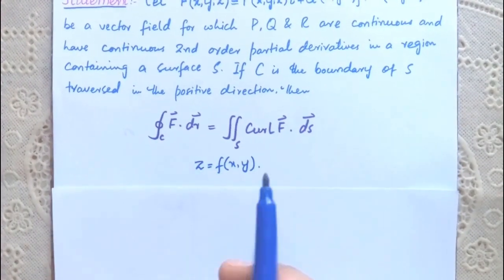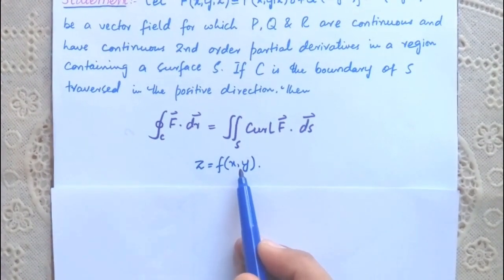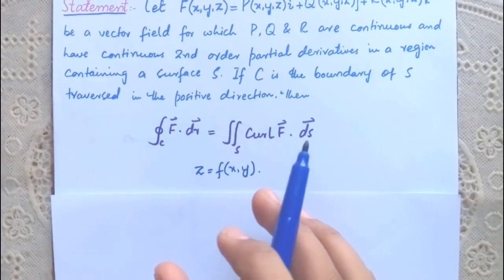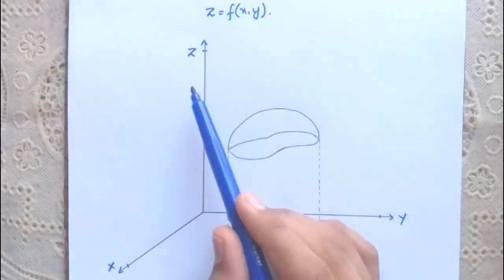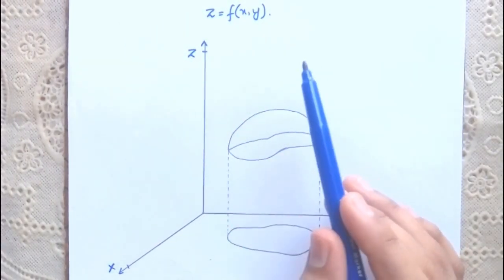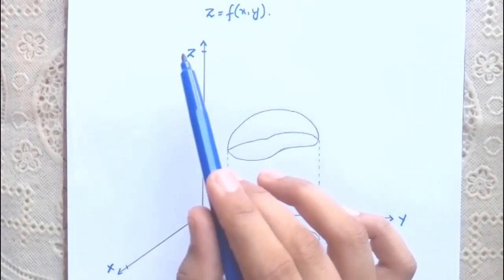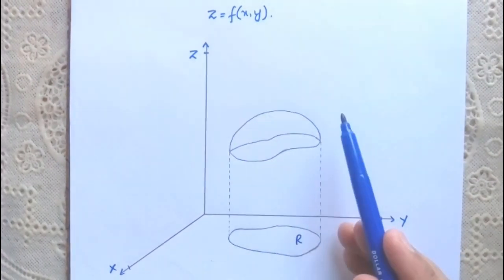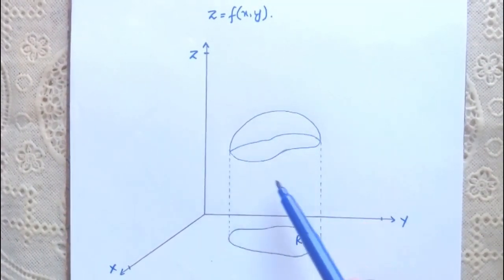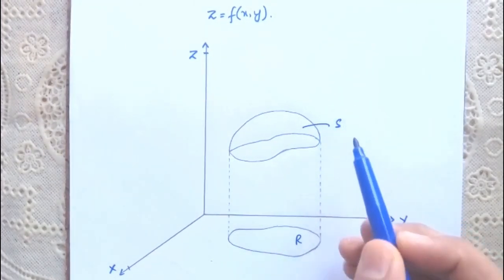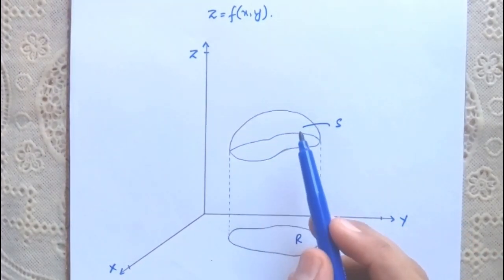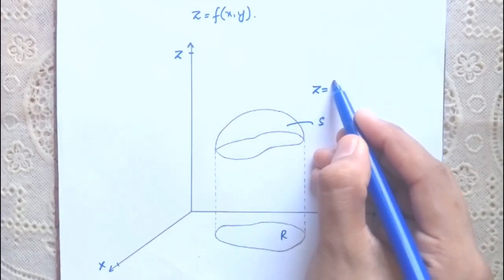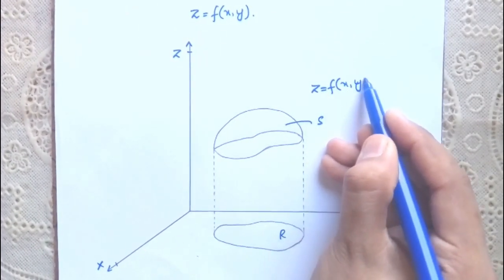Let's suppose z is equal to f of x, y is a function of two variables and its graph is a surface over a region R. Means, this is a 3-dimensional coordinate system, x axis, y axis and z axis, and here is the region R. And we have constructed a surface S over this region R. And this surface is a graph of function z is equal to f of x, y.